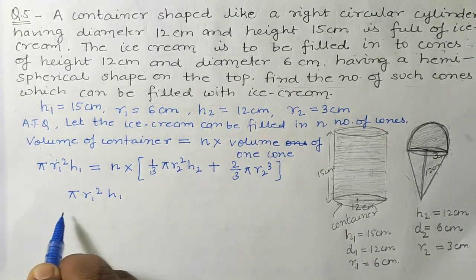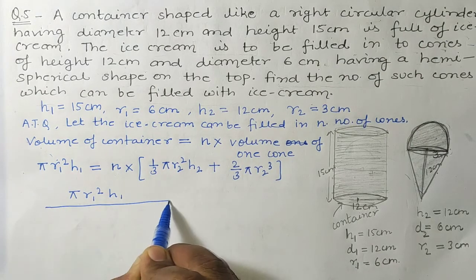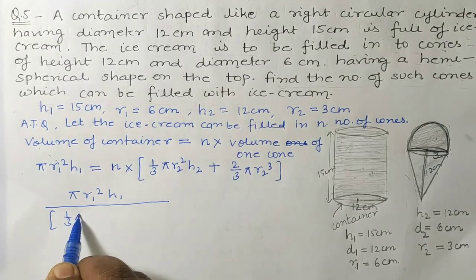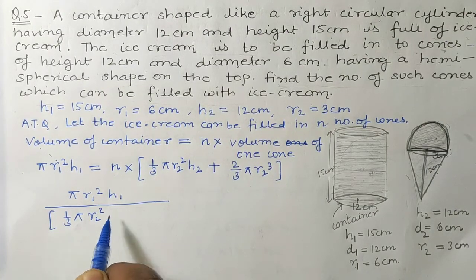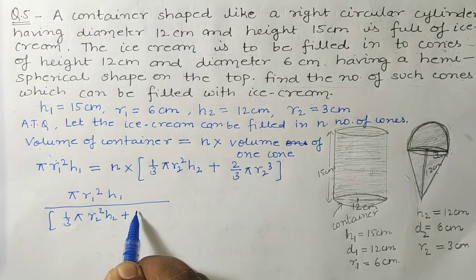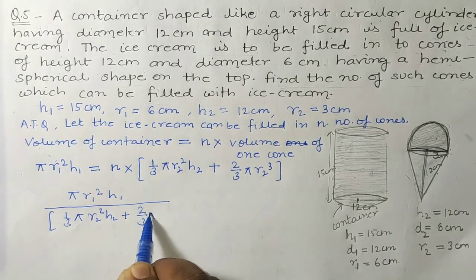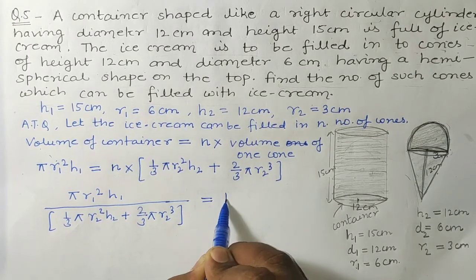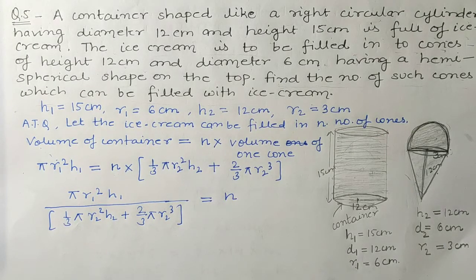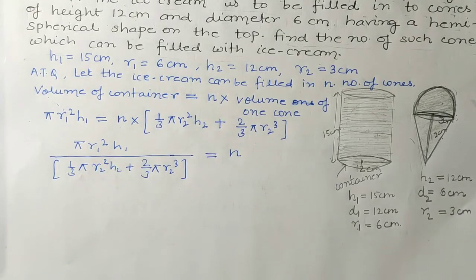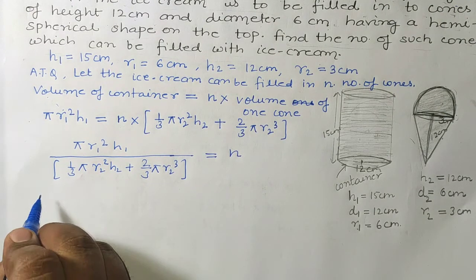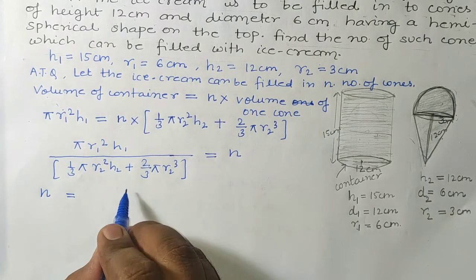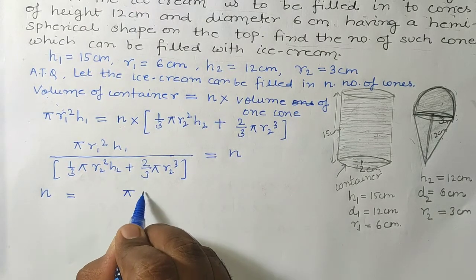So it will be pi r1 square h1 upon 1 by 3 pi r2 square h2 plus 2 by 3 pi r2 cube, and this is equal to n. Now I am writing n on the left hand side, only arranging it.